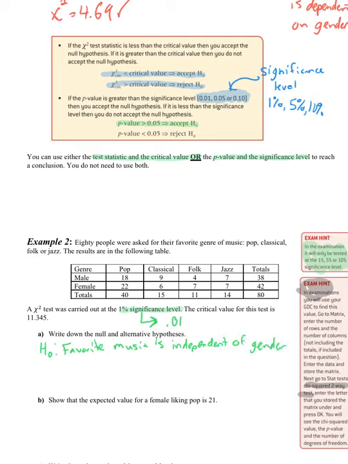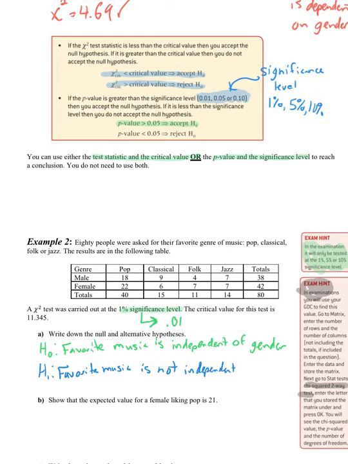It's always a safe bet when you're writing a null hypothesis to use the word independent. And that means your alternative hypothesis is your favorite music is not independent of gender.